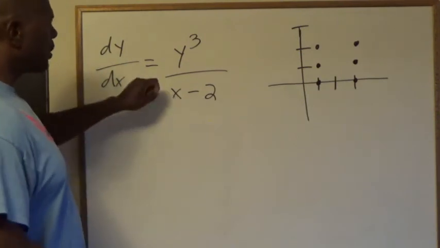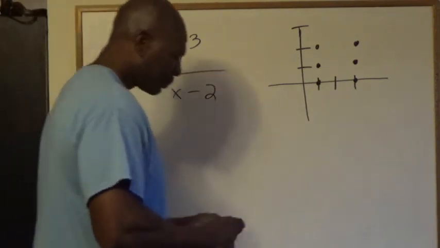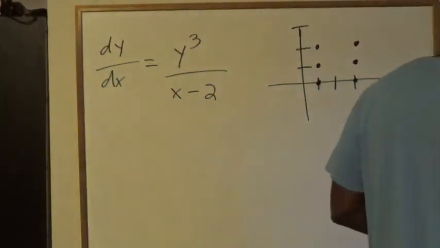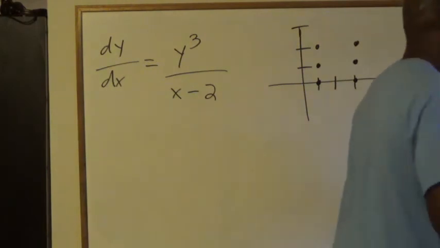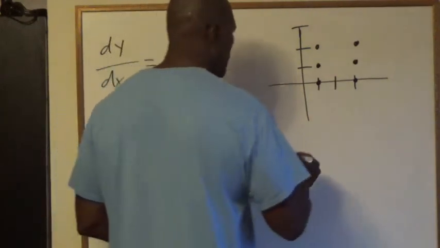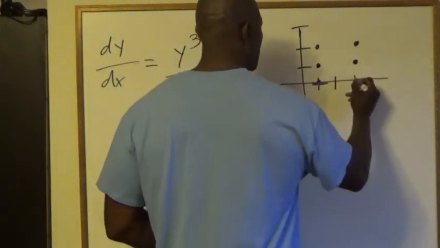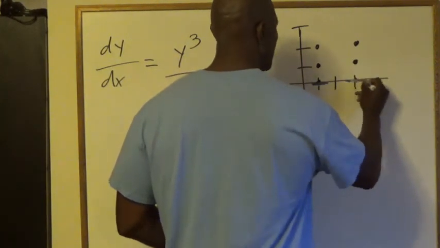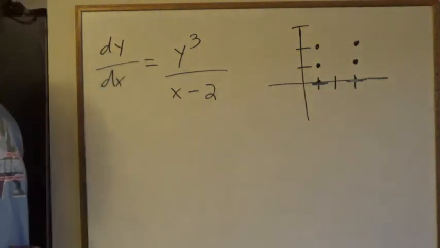But for all other values of x, when y is 0, the slope is going to be 0. A slope of 0 is a horizontal line, so all you do is draw a horizontal line segment, just a little line segment like this indicating the slope. So those are all the zero slopes.